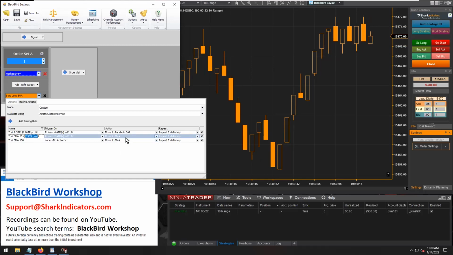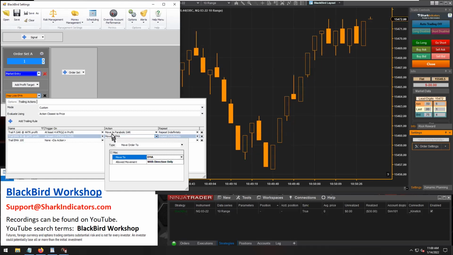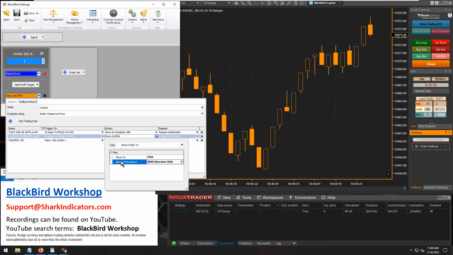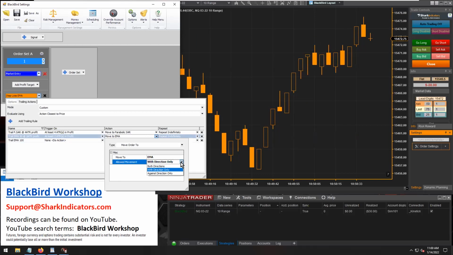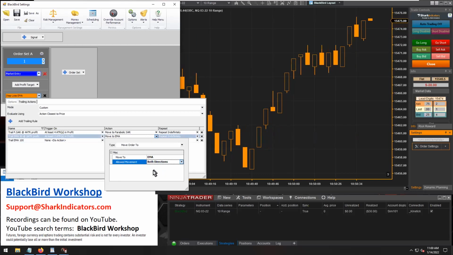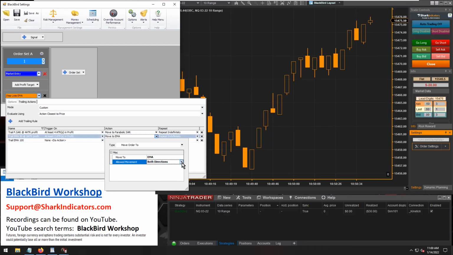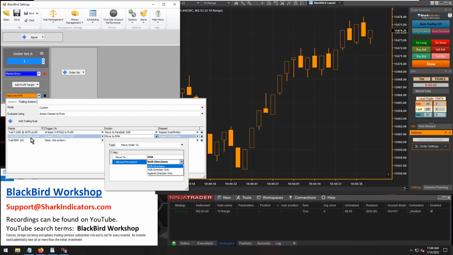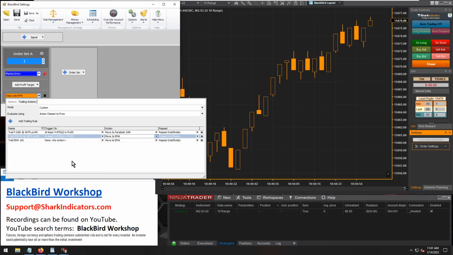Now you can go into the action and the allow movement, and we can say both directions. This would allow BlackBird to actually widen that stop loss. If the 50 EMA was further away than the 100 EMA, BlackBird could now do that. But a couple of things actually need to occur first.